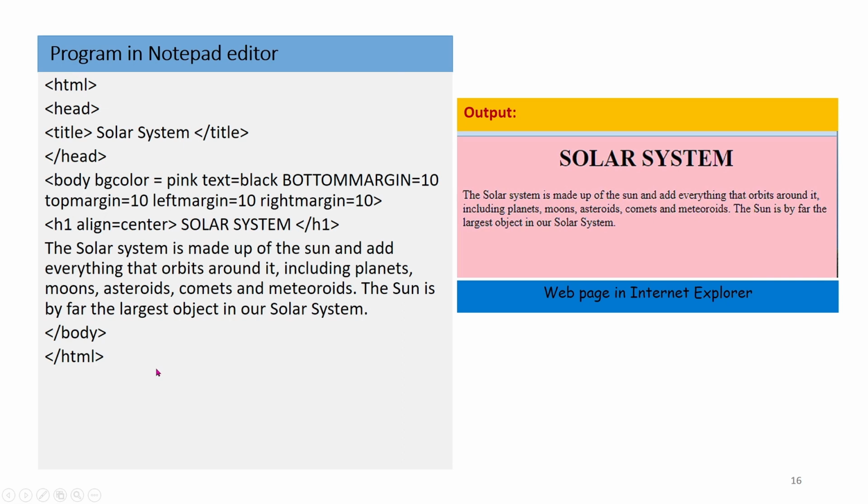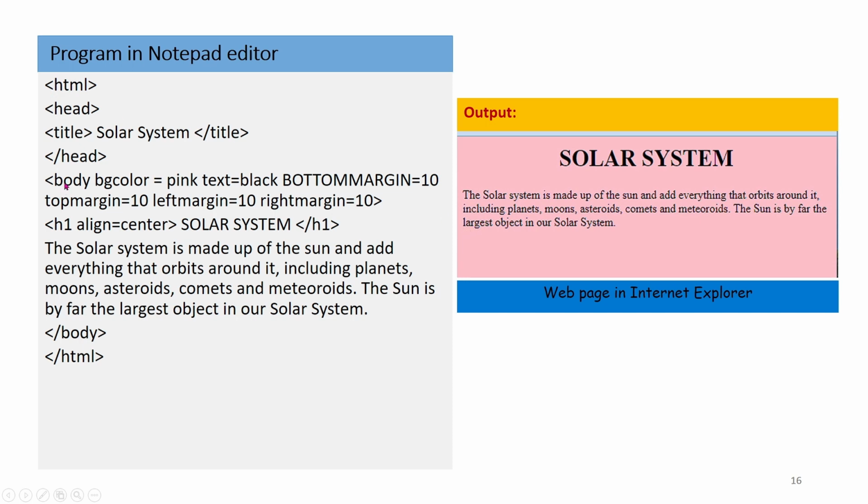Now, for showing this alignment, we have written one more program. You can see here solar system written in the center. Then you can see the margins set as 10 top, 10 right and 10 left.